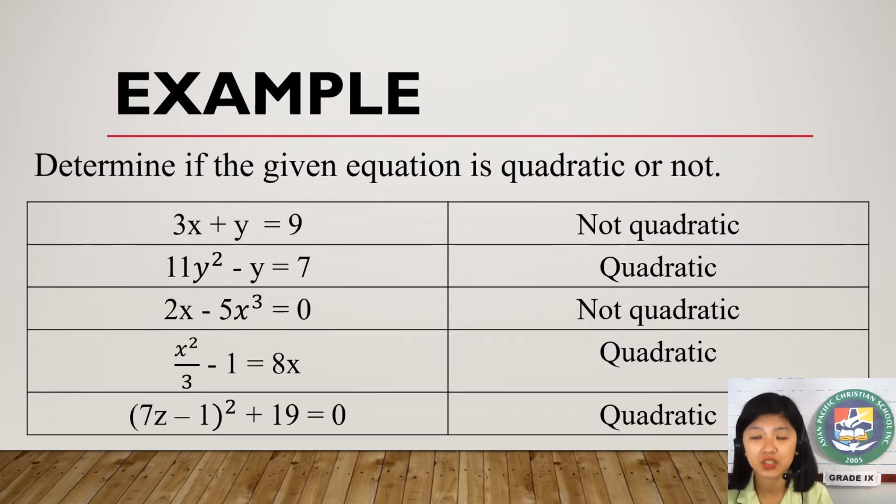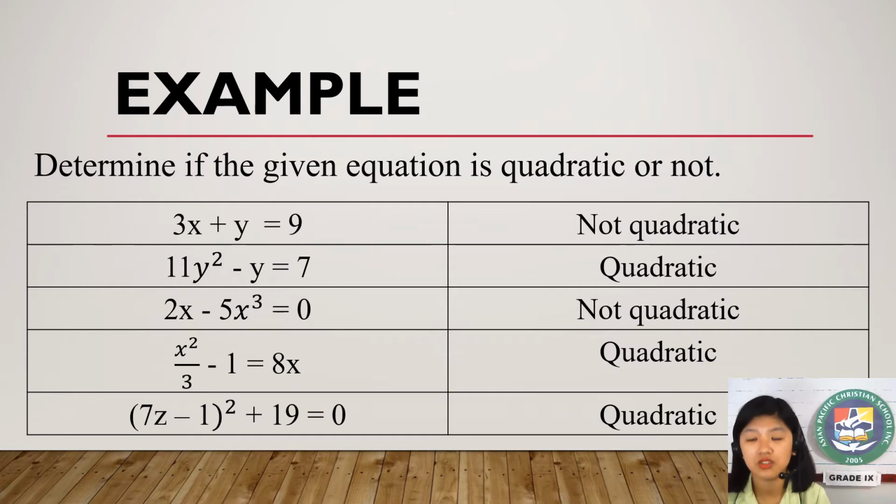Next, we have x squared over 3 minus 1 equals 8x. So, dito ay quadratic siya. Kahit na fraction siya, since sabi ko nga, real numbers ang pwedeng maging value ng a, b, and c. So, dito, ang exponent pa rin niya is still 2, kaya quadratic. Next, we have 7z minus 1 raised to 2 plus 19 equals 0.